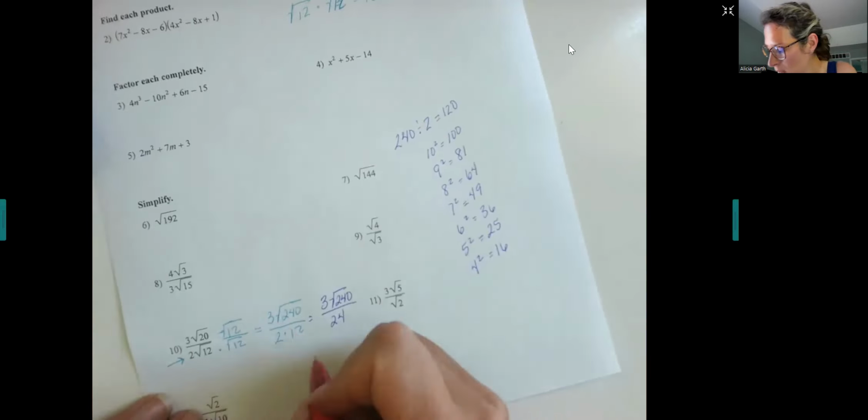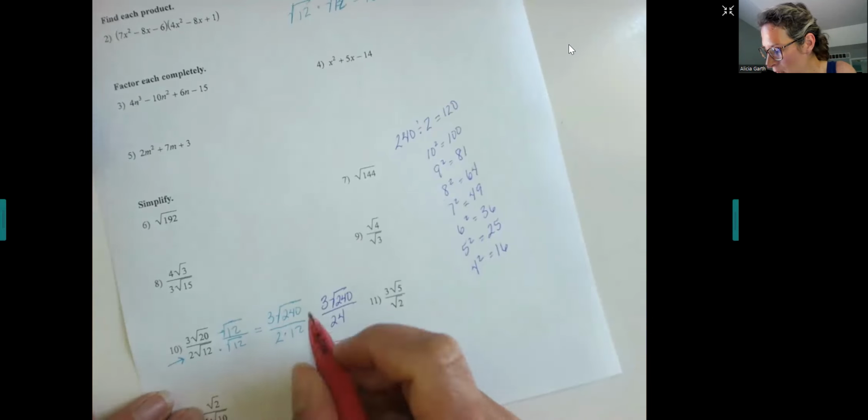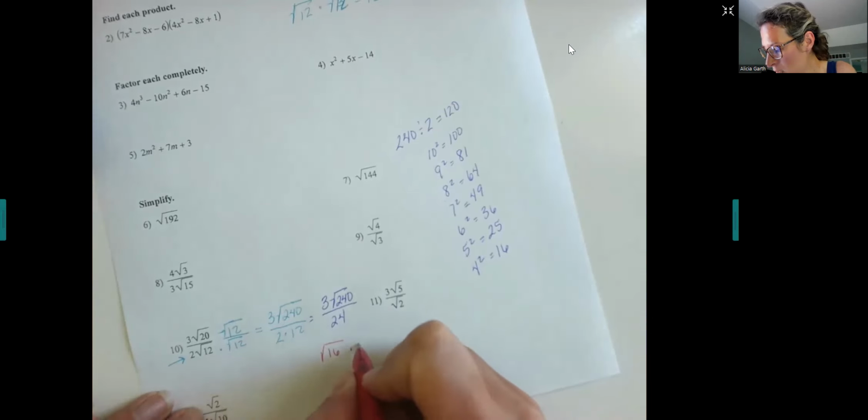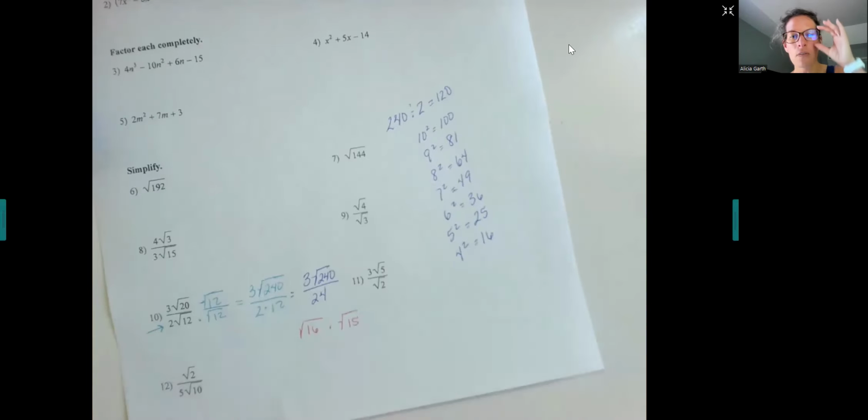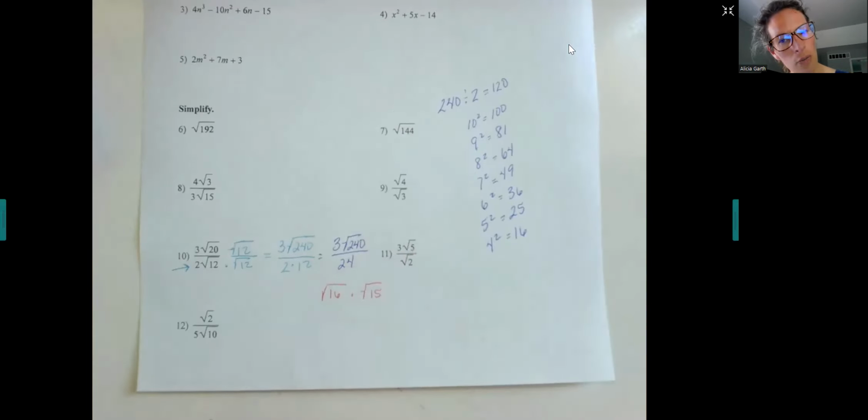Pretty sure that does divide evenly into 240, and it does. So we are going to have to rewrite this square root of 240 as the square root of 16 times the square root of 15. 15 times 16 is 240.